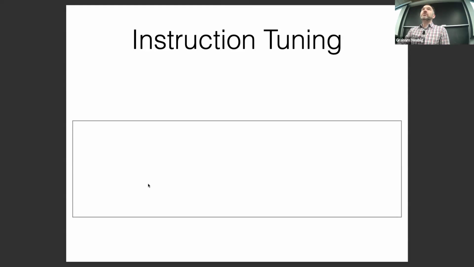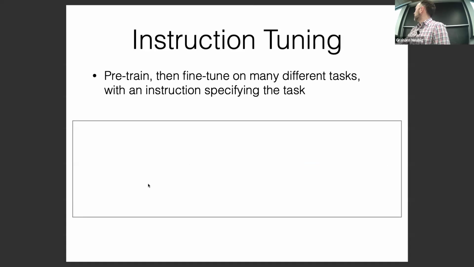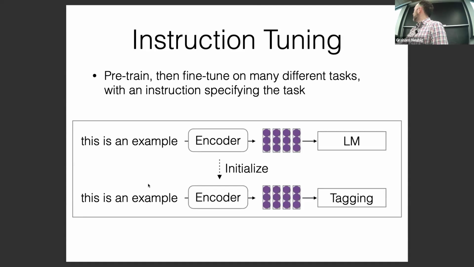And what instruction tuning does is, instruction tuning is like a combination of fine tuning and prompting. So what we do is we pre-train and then, oh, sorry, I guess I failed to update the figure here. This is just the figure for fine tuning. Normally what you do is you have a prompt for one task, a prompt for another task, a prompt for another task.